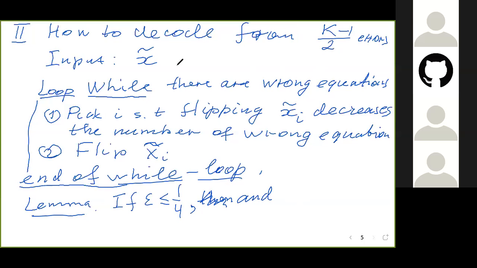Let's introduce some notation. We will denote by A the set of all positions where the corrupted word is different from the genuine one. So X is the transmitted code word.